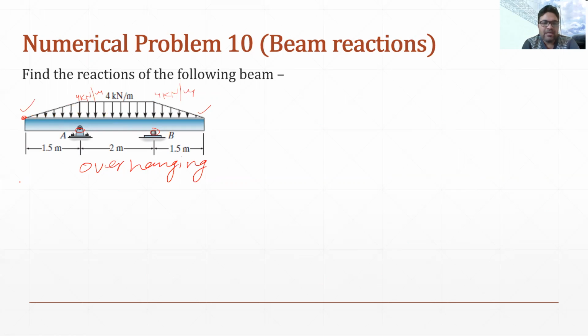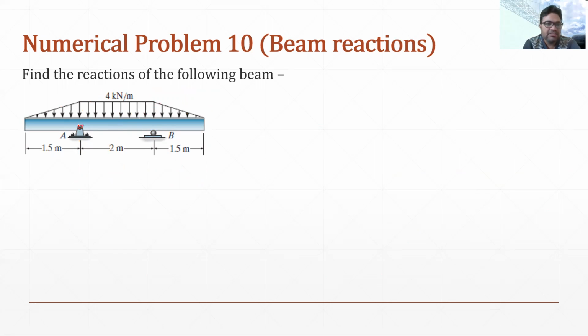Now by looking at this problem, you can see the load is symmetric, which means if we cut this beam in half, the load is the same on the left hand side as on the right hand side.